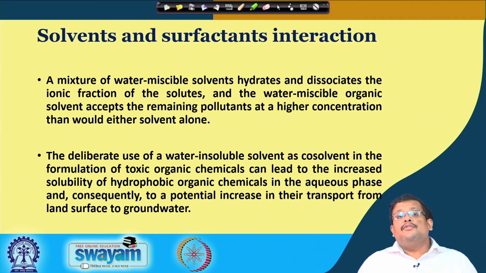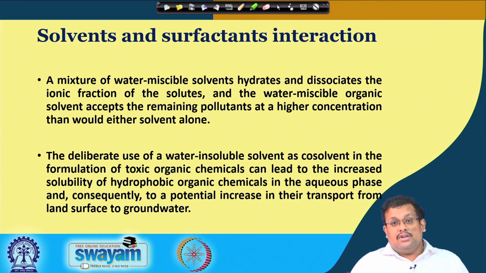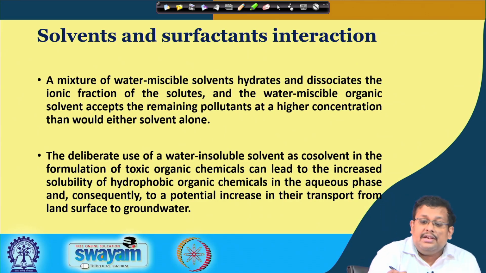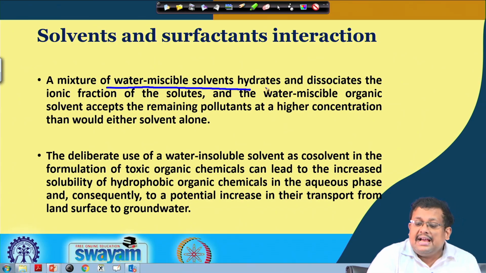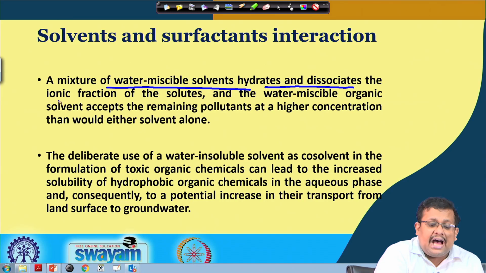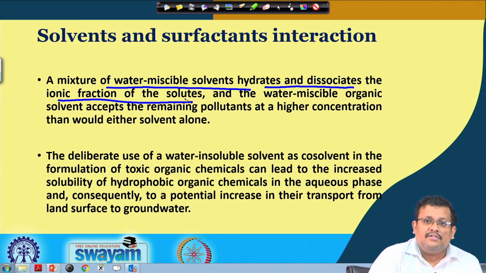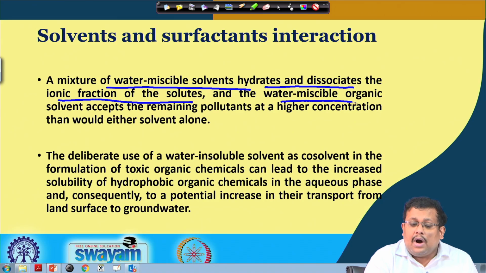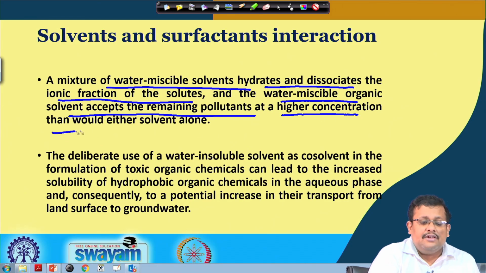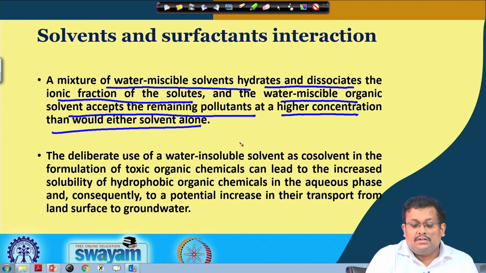A mixture of water miscible solvents hydrates and dissociates the ionic fraction of the solutes, as we talked about in the last slide, and the water miscible organic solvents accept the remaining pollutants at a higher concentration than would either solvent alone.